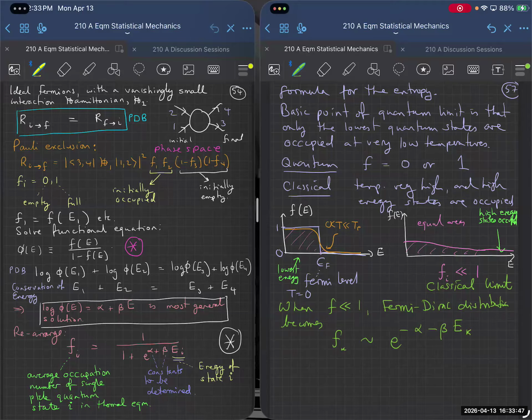If f is much less than 1, the only way that can happen is if the denominator is much larger than 1, so the factor e to the alpha plus beta epsilon must be much larger than 1, and therefore f has the form that I've shown over here. That guarantees f is much less than 1, because the denominator is very large. So that's the simplification for this form.